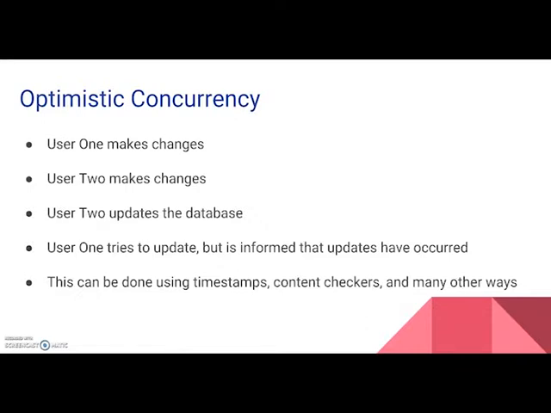So starting with optimistic concurrency, let's say user 1 makes a change and so does user 2. User 2 updates the database, but then when user 1 tries to update, they are informed that user 2 made some changes, and that they are no longer able to update.